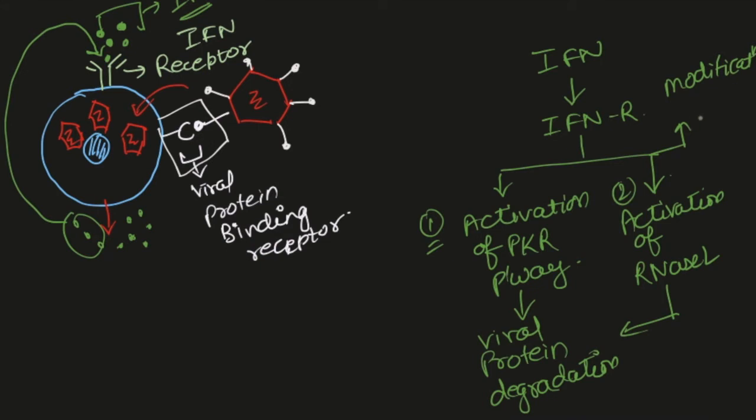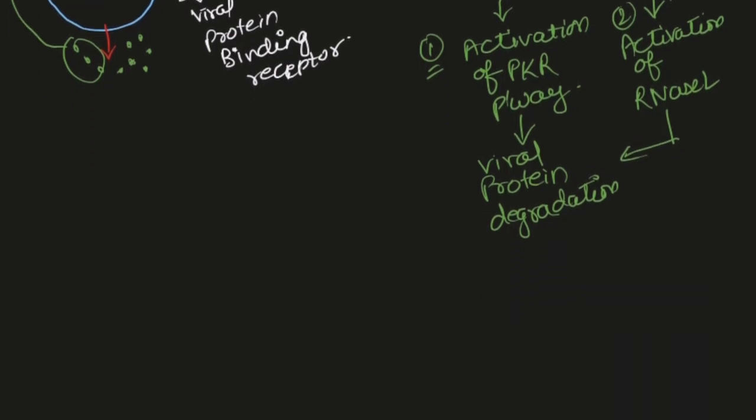In that particular modification, there is a change in the structure of the basic nucleotide component, and due to the failure in the recognition of the modified product, the virus mechanism is basically hampered. So let's see each one of these one by one.